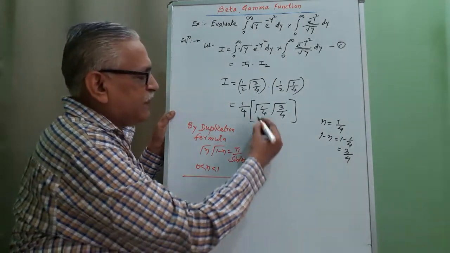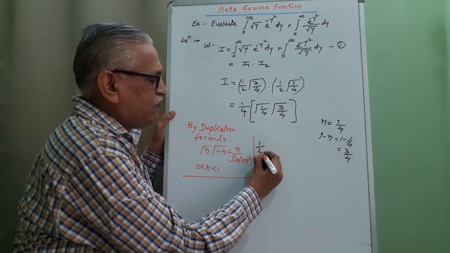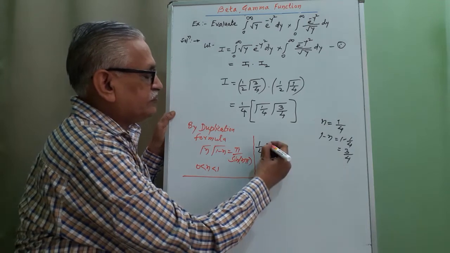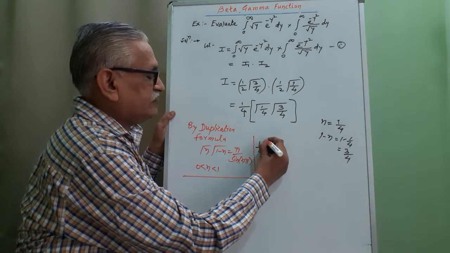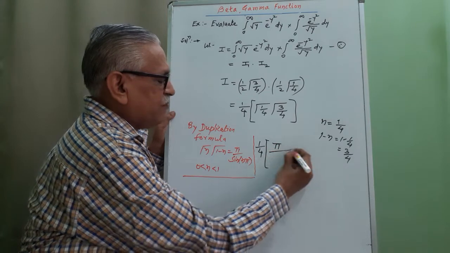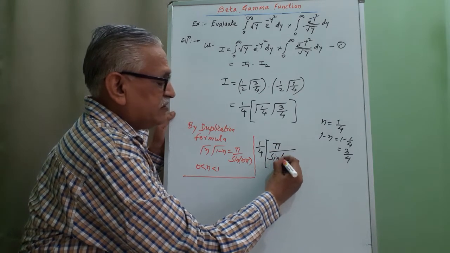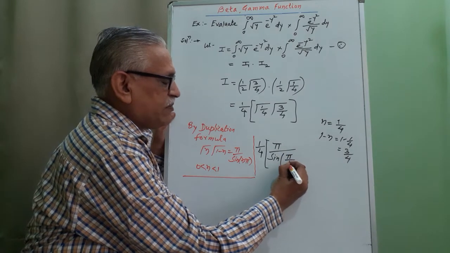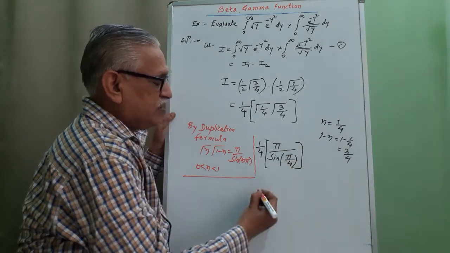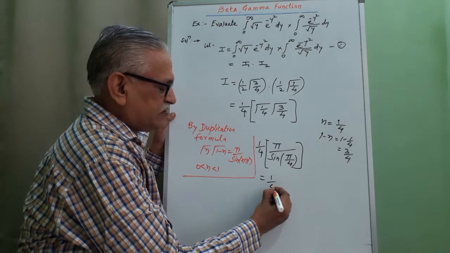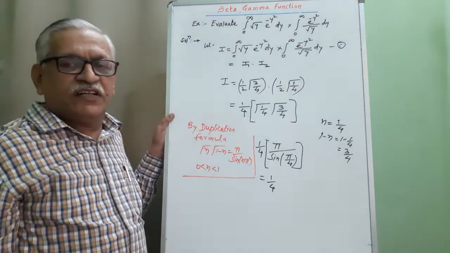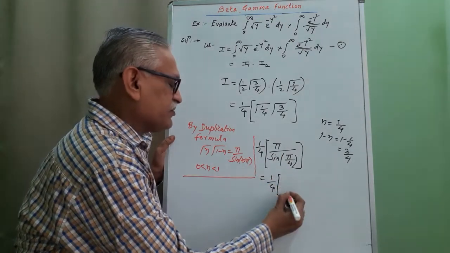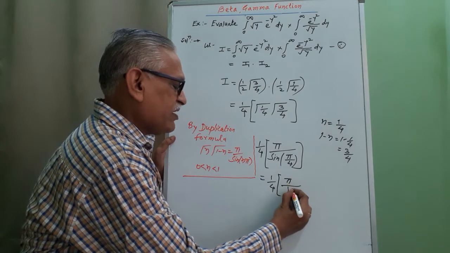And therefore, applying that result, we get here 1 by 4 into pi upon sin n pi. The value of n is here 1 by 4, so it becomes sin of pi by 4. And using this standard value of sin pi by 4, it is 1 by root 2. That becomes pi divided by 1 by root 2.